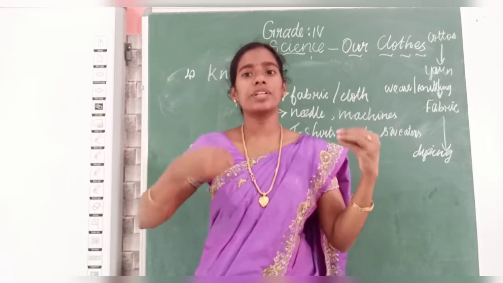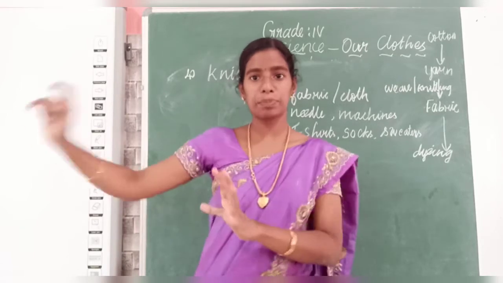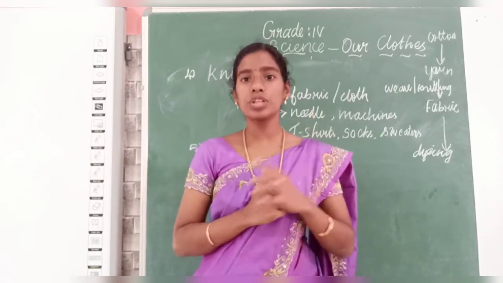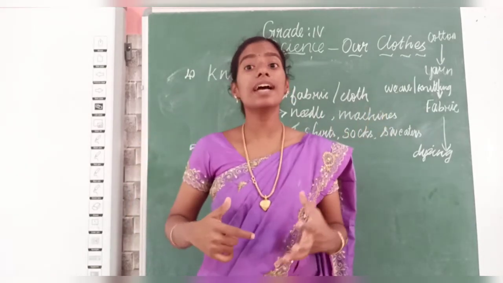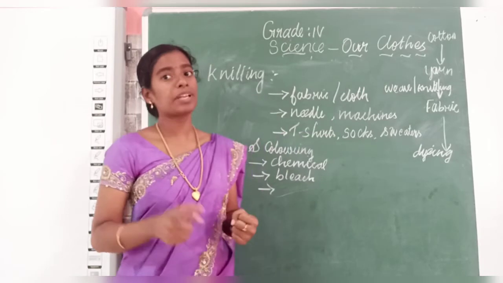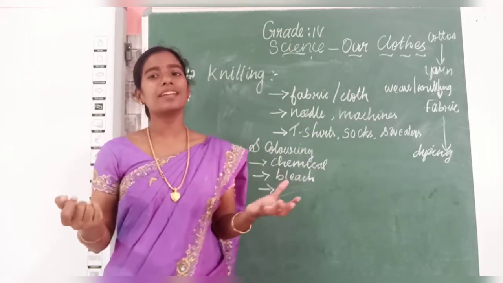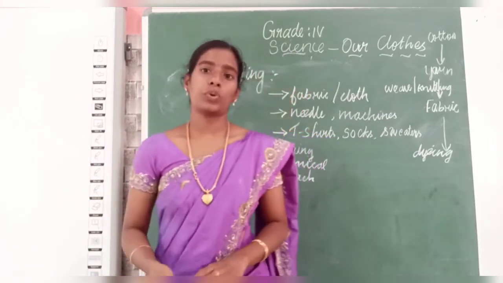When you wear a dress and it gets dirty, what will you do? You will keep it in a corner of your room. That is bad. If you do so, it gives a chance for insects to come inside, because dirty clothes attract insects, and many insects will start entering your room.